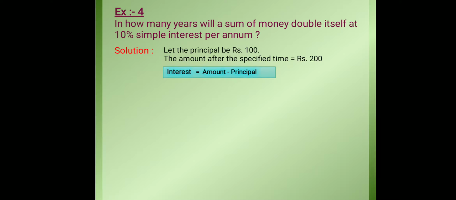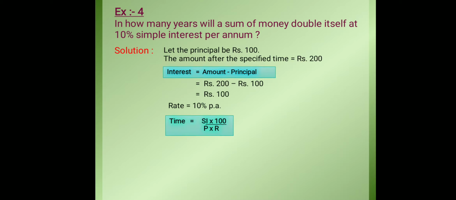Now the interest is equal to amount minus principal. Here amount is 200 and principal we take as 100. So 200 minus 100, that is 100 rupees. Here rate is equal to 10% per annum.